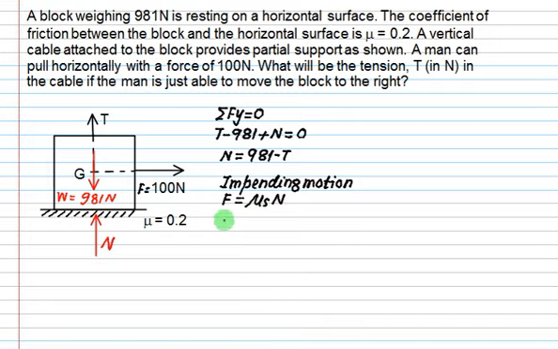That is the minimum force required. The coefficient of friction is given as 0.2. The normal reaction is 981 minus T. So T will be equal to 481.